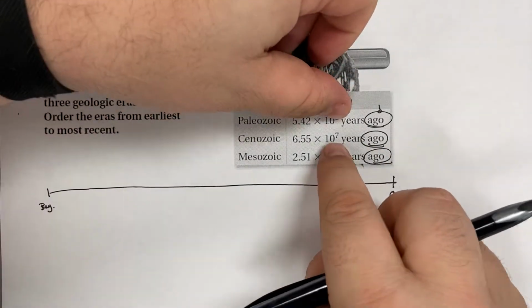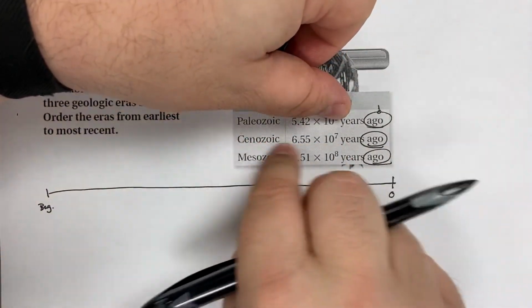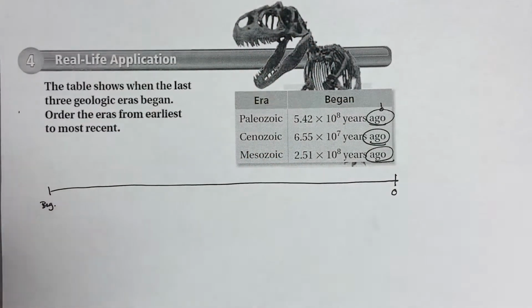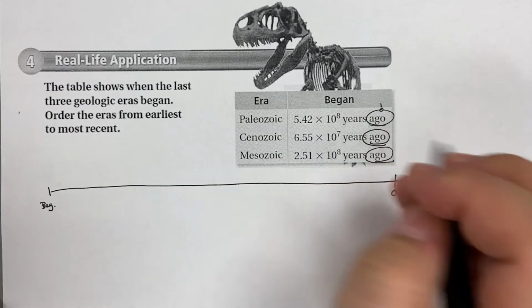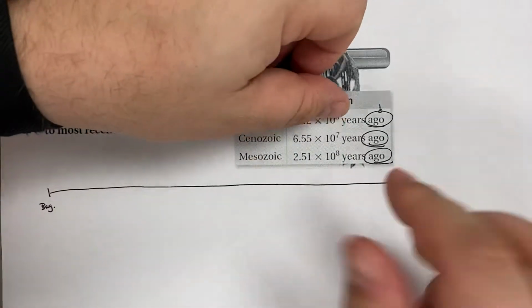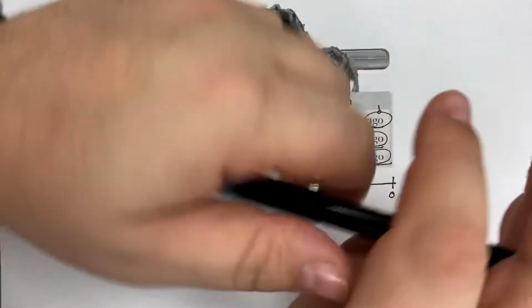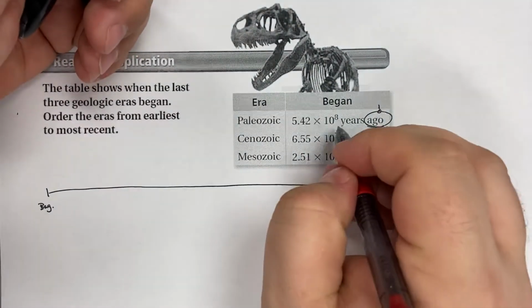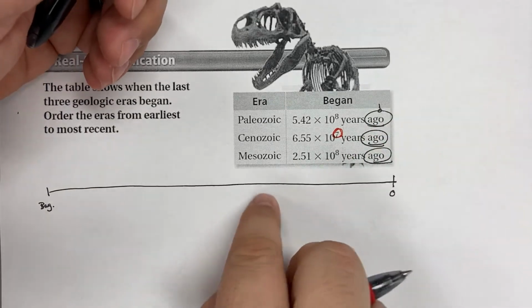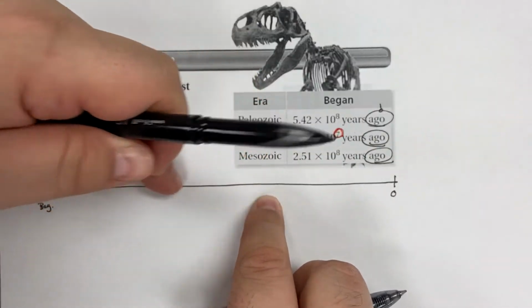And what I notice here is this Cenozoic era is actually going to be smaller in years ago than the other two. The reason is this 7 right here. Let me go ahead and get the red out. This 7 right here means that it stops on this line while the other two keep going.